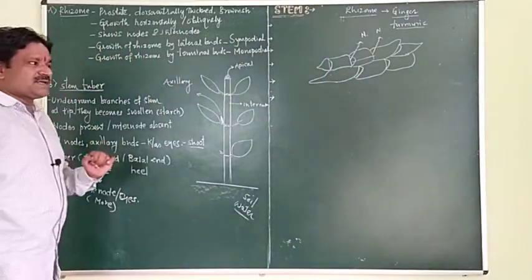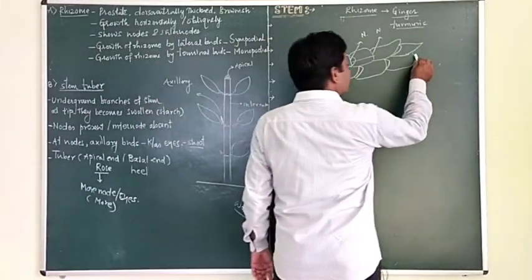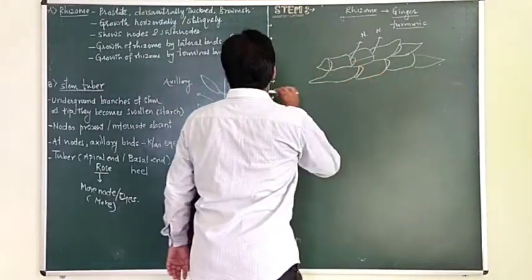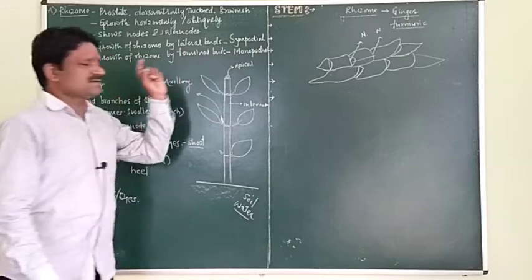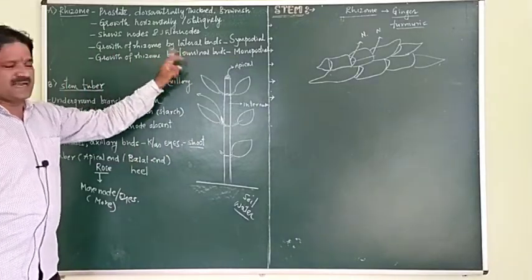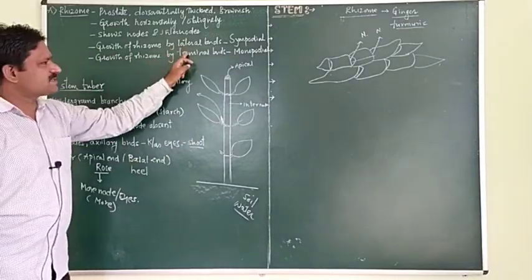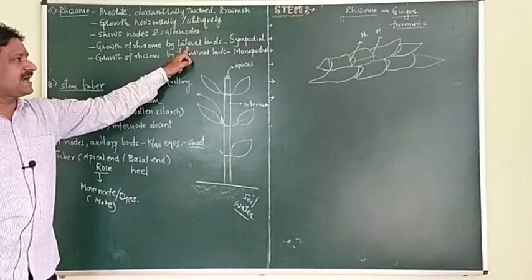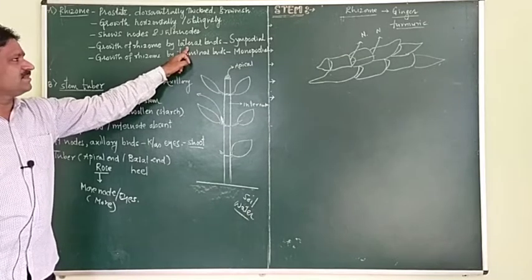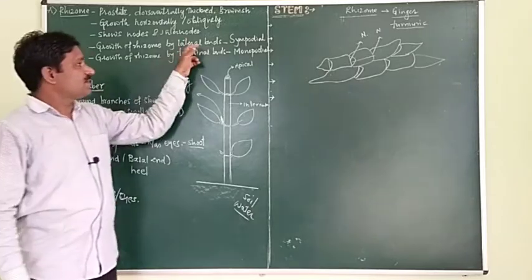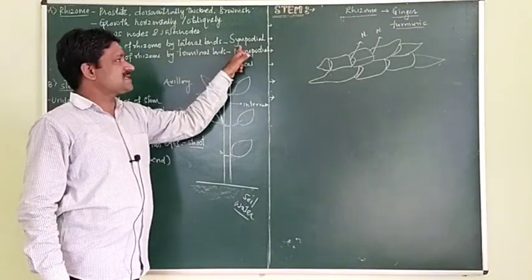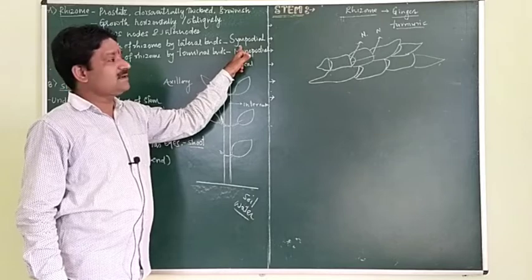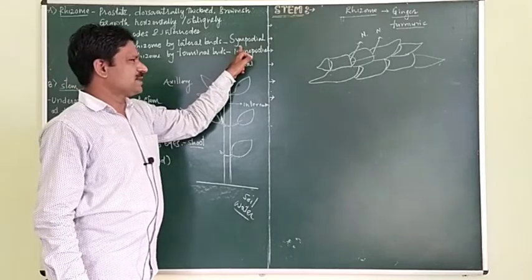Now two types of buds are present in this rhizome, the lateral buds and the terminal buds. If the growth of the rhizome takes place with the help of lateral buds, then that growth is called sympodial growth.